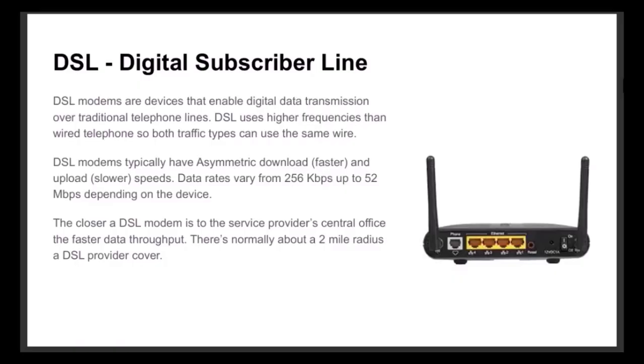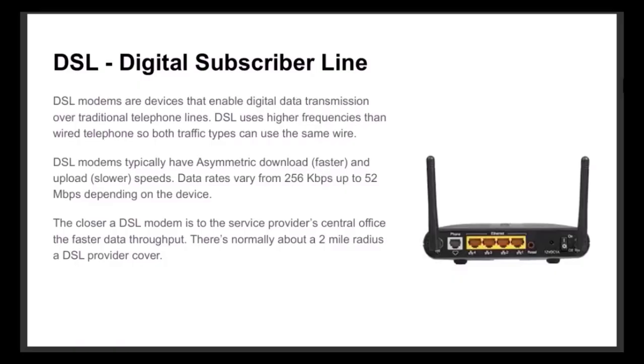This will be the location where all of the data connectivity traffic will originate from. A DSL network will typically have a radius of about 2 miles or 3 kilometers. And in order to get access to DSL connectivity, you will have to be within that 2-mile range.